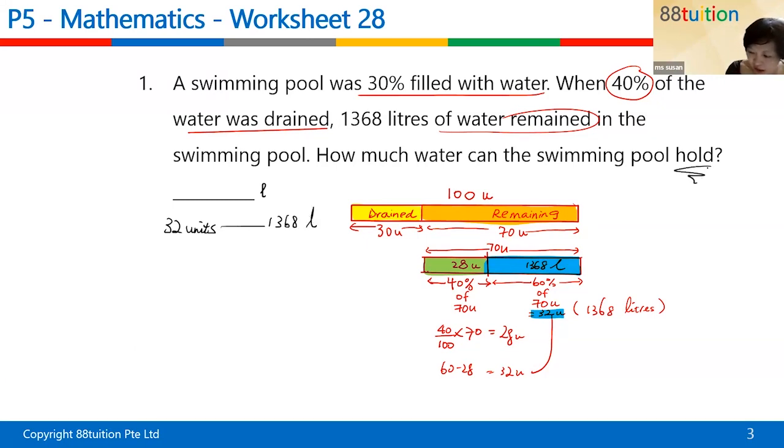And now he wants to have the 100%, which is 100 units. Okay, 1,368 divided by 32 times 100.